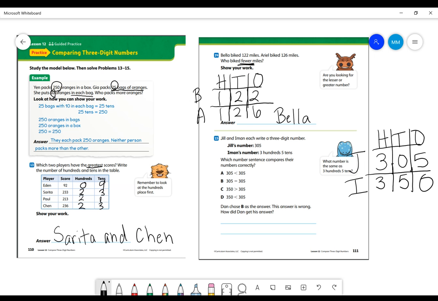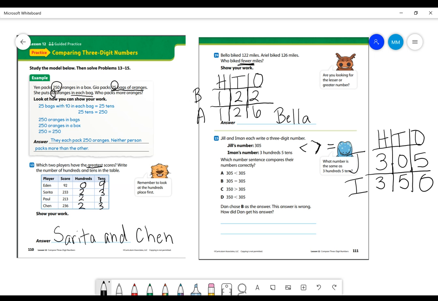So let's look at our number sentences to see who had the correct number sentence. So A says 305 is less than 305. Would that be correct? No, because our two numbers we are comparing are 305 and 350. Also, remember, we have the less than, the greater than, and the equal sign.